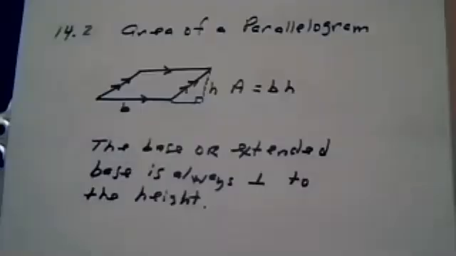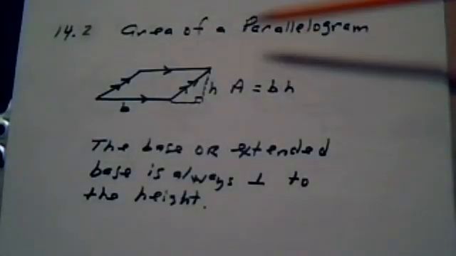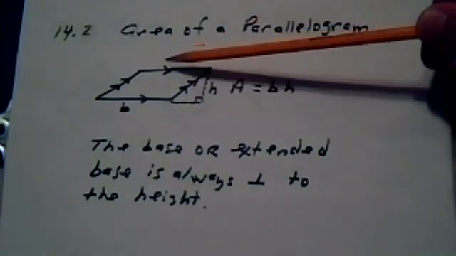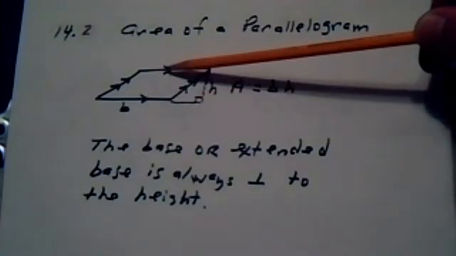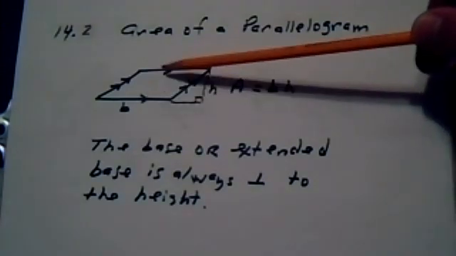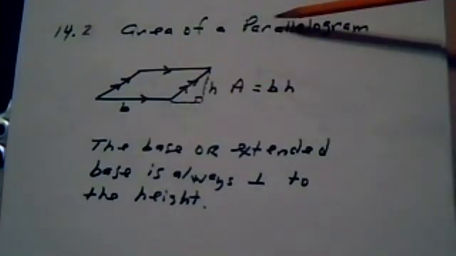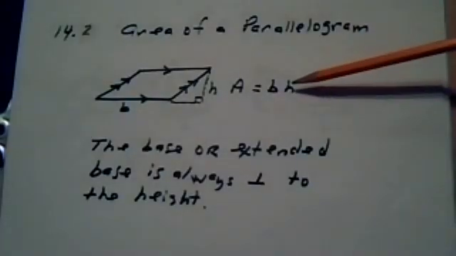The area of a parallelogram. Notice a parallelogram has the word parallel. These little arrows you see here, the ones that have the same number of arrows, are supposed to be taken to be parallel. So these two sides are parallel, and these two sides are parallel. That's why we call it a parallelogram, because the opposite sides are parallel. This is the formula for the area of a figure like this.